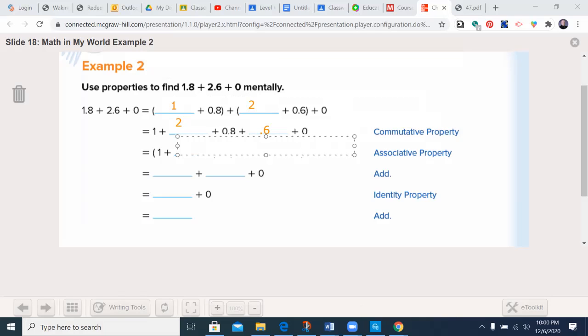1 plus 2. Now that I put these two together, the whole numbers and my decimals, with my poor 0 way out here, that's associative, or who you're grouped with. 0.8 and 0.6.